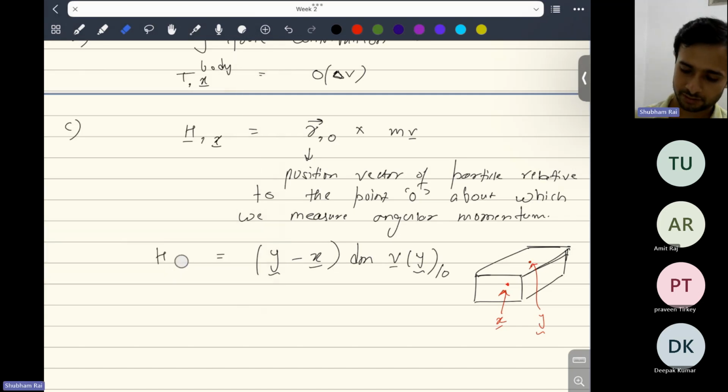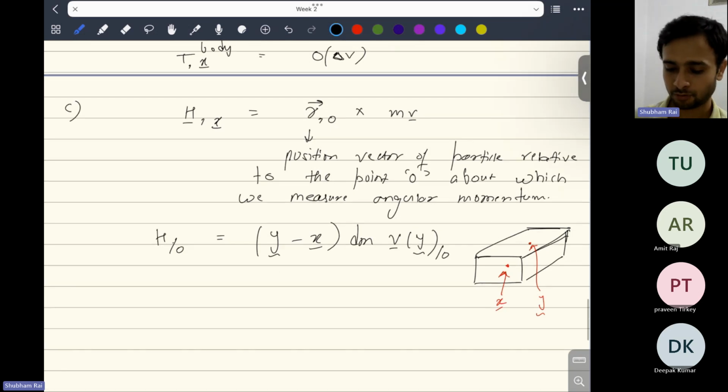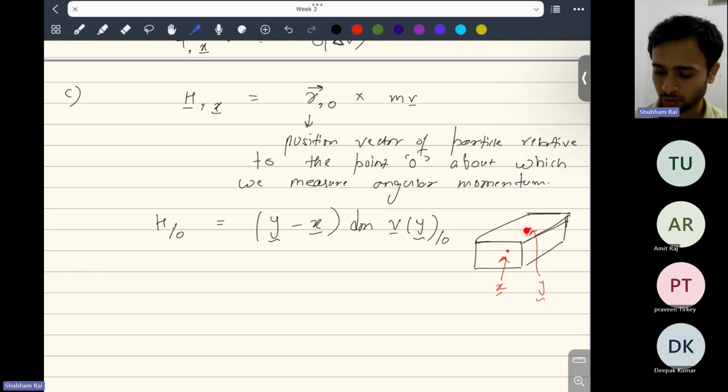I mean, x and o are the same actually, so I'm just writing with respect to o. So this is the expression for the angular momentum of this point with infinitesimal mass dm.